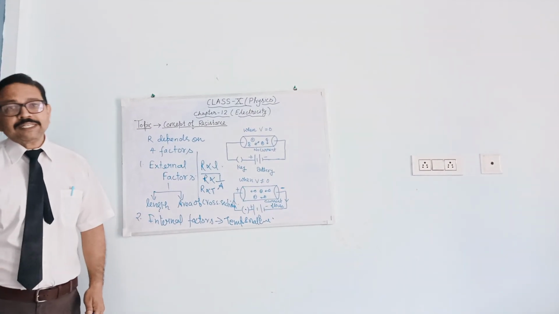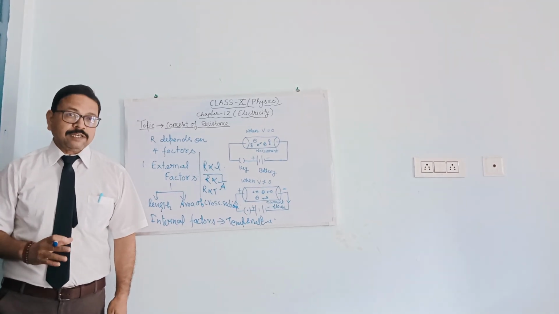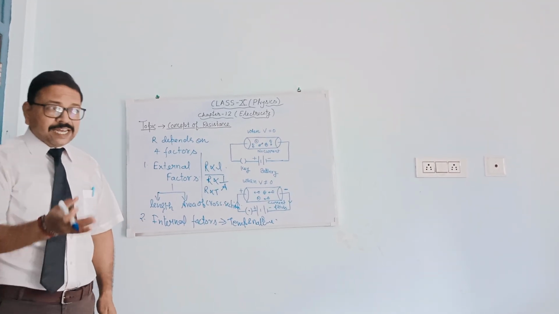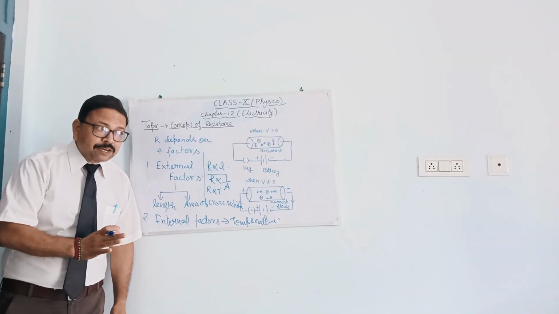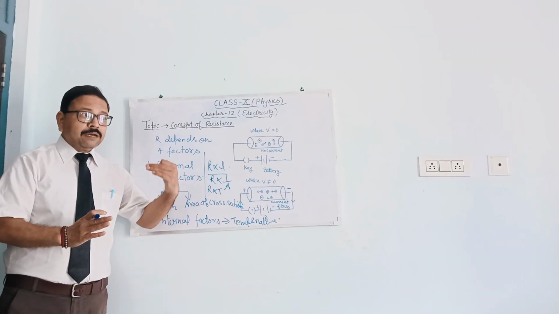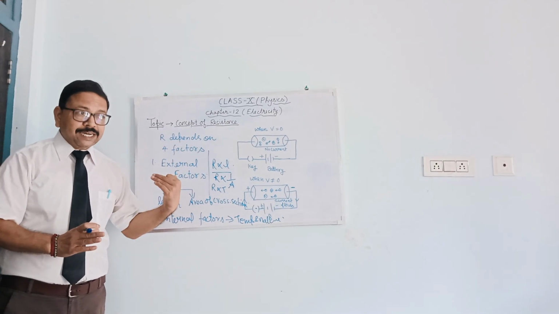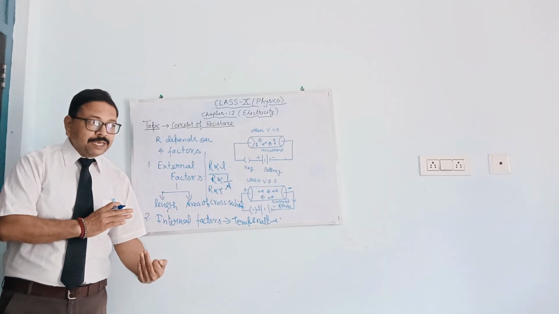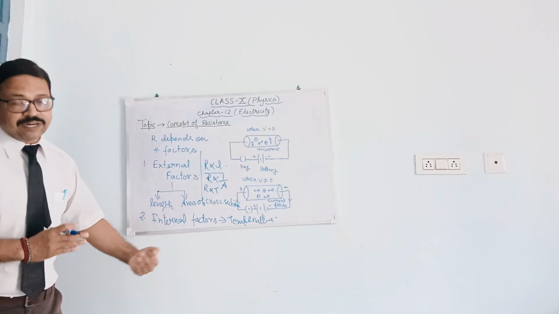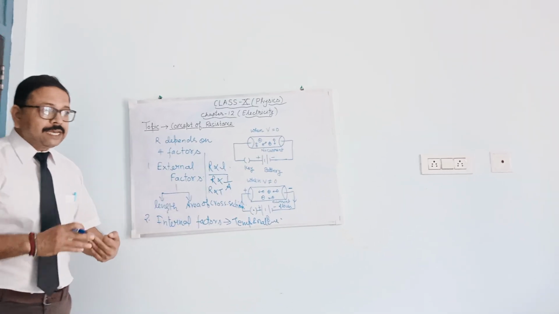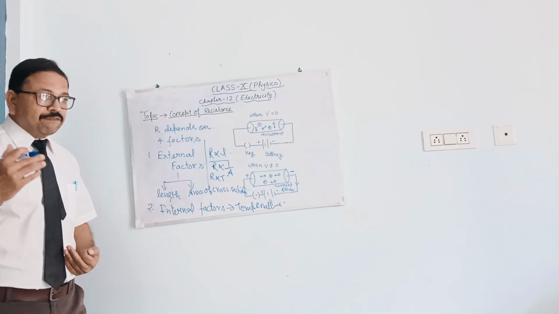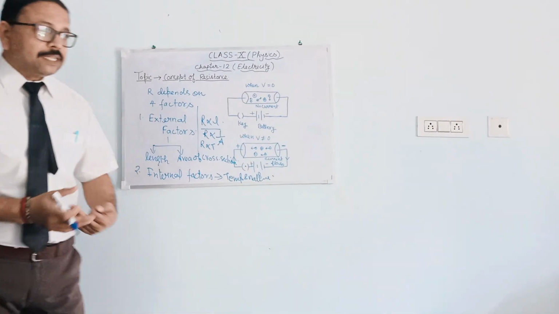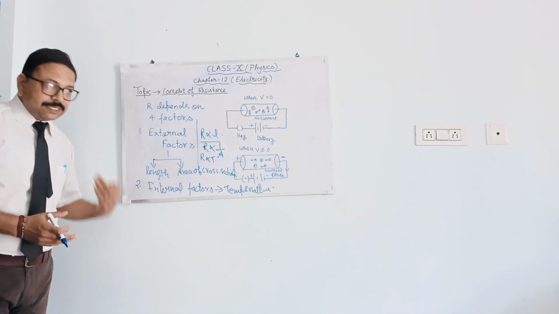Different types of substances have different numbers of free electrons. If a substance has fewer free electrons, then they will carry less charge. And if there is less charge, then there will be more resistance. So we can say if a conductor has more free electrons, then it will have less resistance.